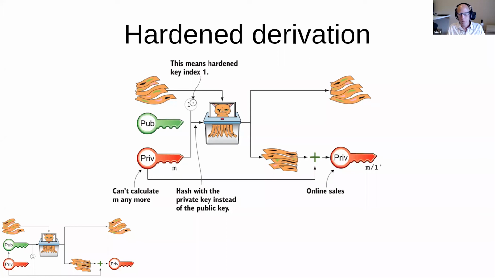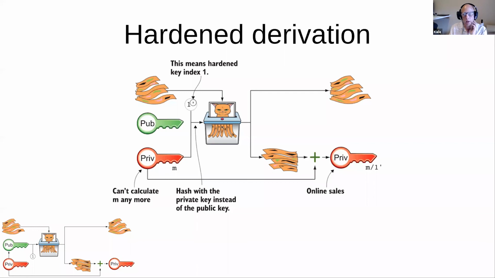So you use the same hash function, and as input you have the private key and the index, and I write it as index with an apostrophe, which means hardened derivation. So I want this as hardened derivation. So the input is a private key here, the index, and the chain code.